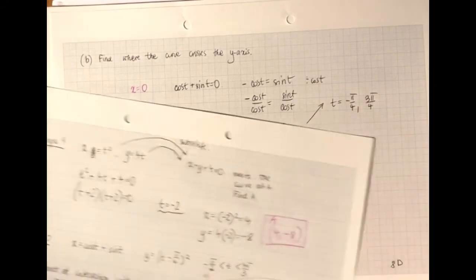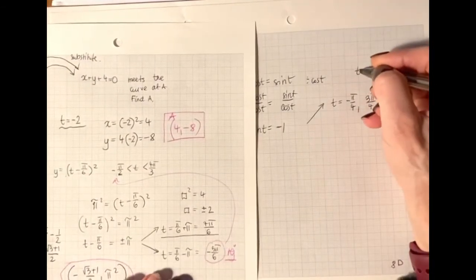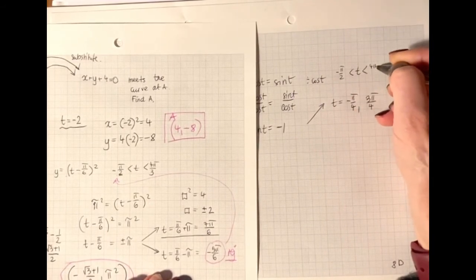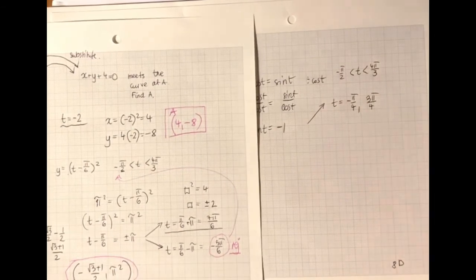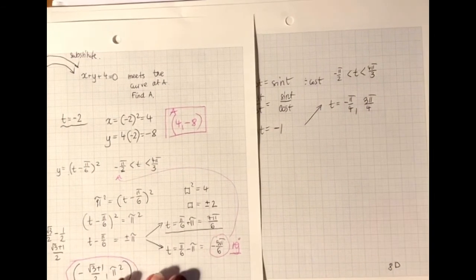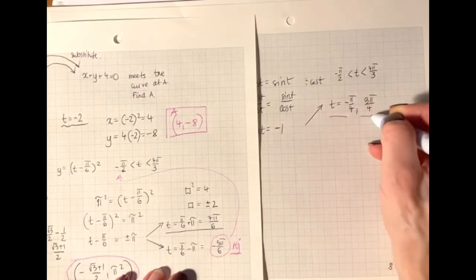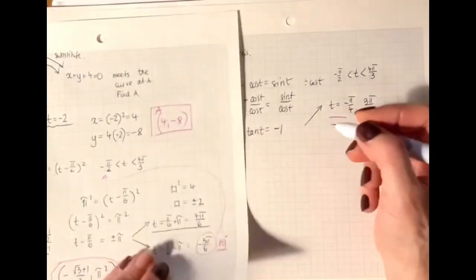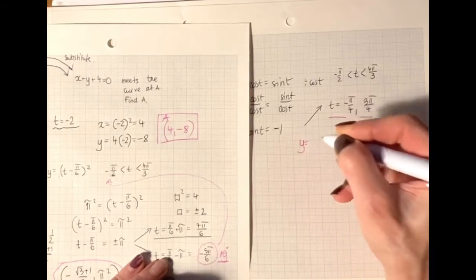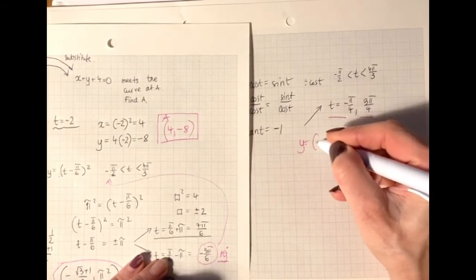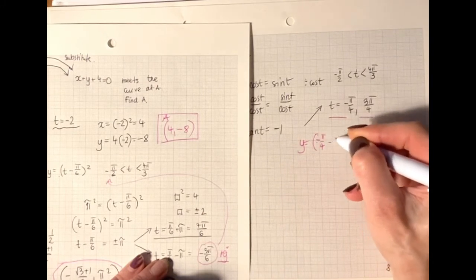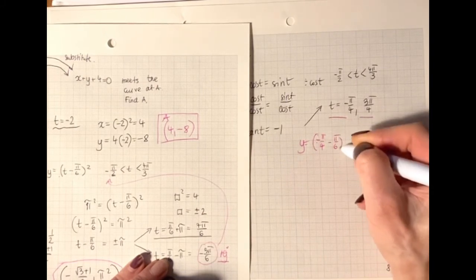Because our t's are between minus pi over 2 up to 4 pi over 3, we need to consider both of these values of t. So we're talking about the y-axis, so the y-coordinate is going to be, when t is equal to minus pi over 4, sub it into the equation.